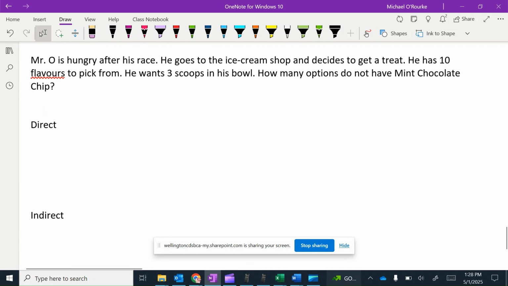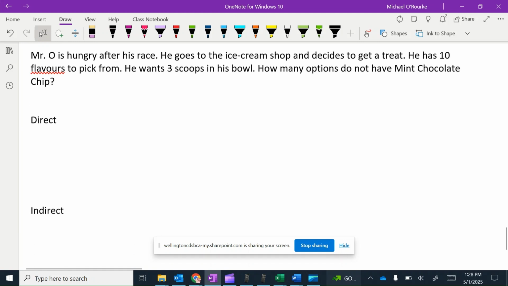So Mr. O's hungry after his race. He goes to the ice cream shop and decides to get a treat. He has 10 flavors to pick from. He wants 3 scoops in his bowl. How many options do not have mint chocolate chip, which is the worst ice cream ever, in his bowl? So the opposite of not having mint chocolate chip is putting mint chocolate chip in. Okay? So all minus, we'll go mint plus 2 others.